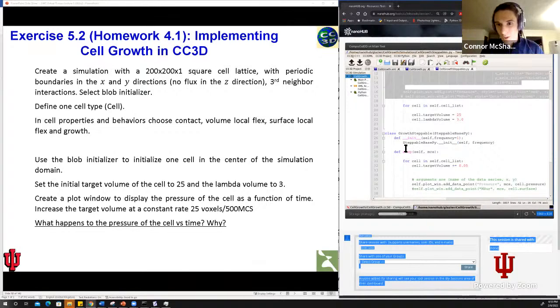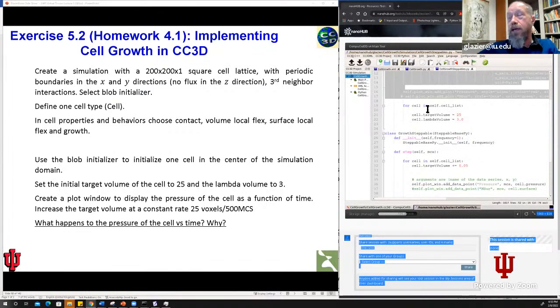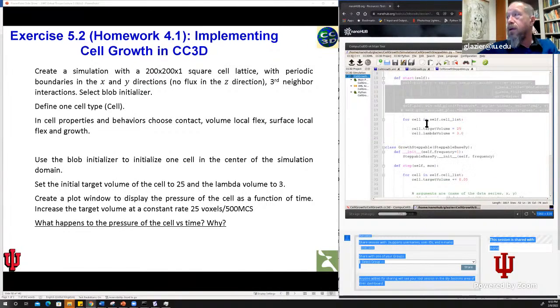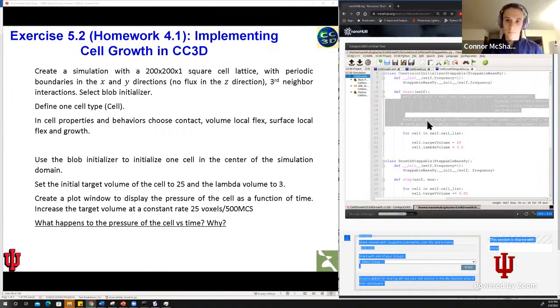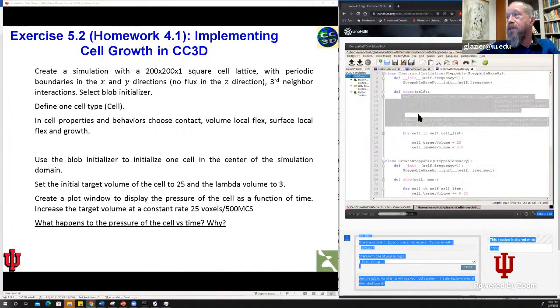So are you just about to put it in the growth steppable class? I was. Okay. Or I could put the display into the other. So I have a choice. I don't have a step function defined here.